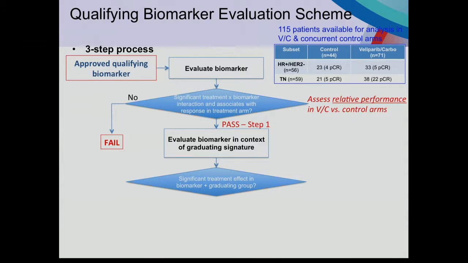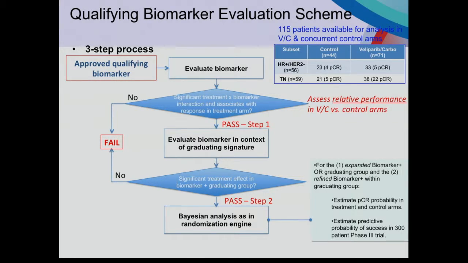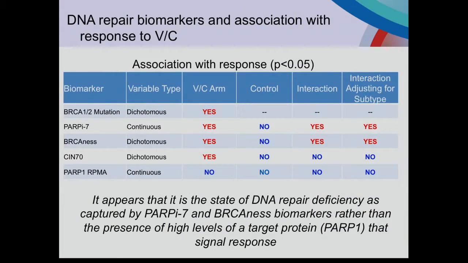If this is passed, then we evaluate it in the context of, in this case, the triple negative graduating signature. If that passes, then we go to step 3 and we do an actual Bayesian analysis as in the randomization engine. Because it's an enrichment trial, you need to do a Bayesian analysis to actually be able to compare apples to apples in this case.